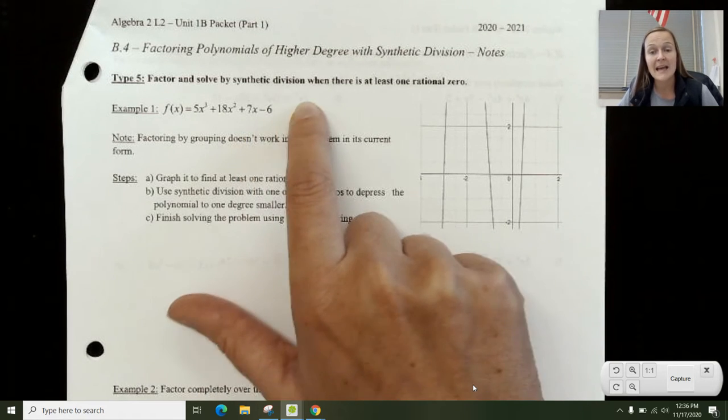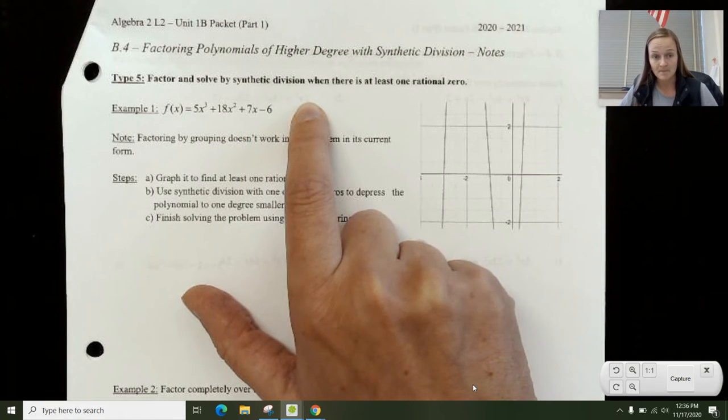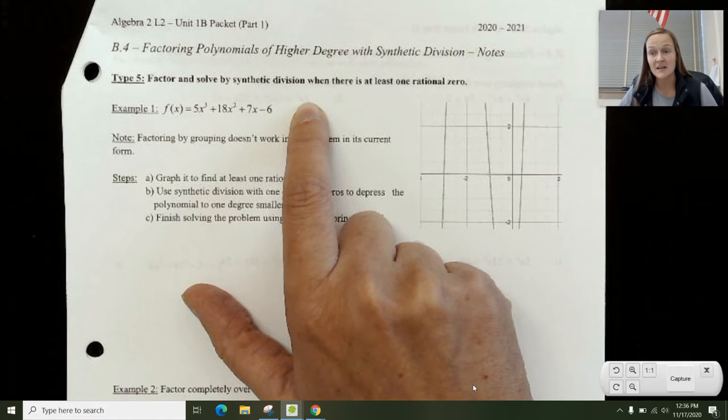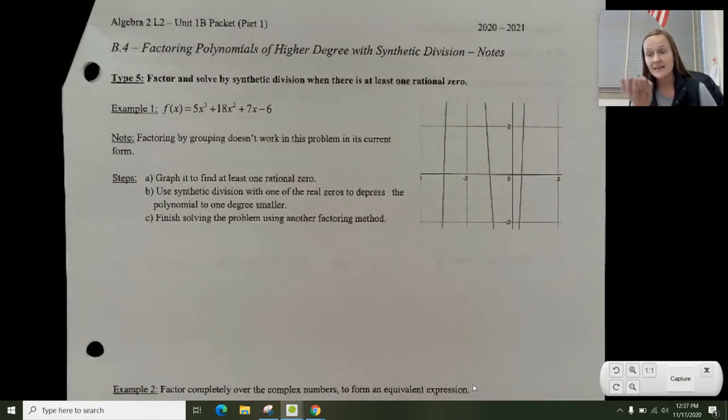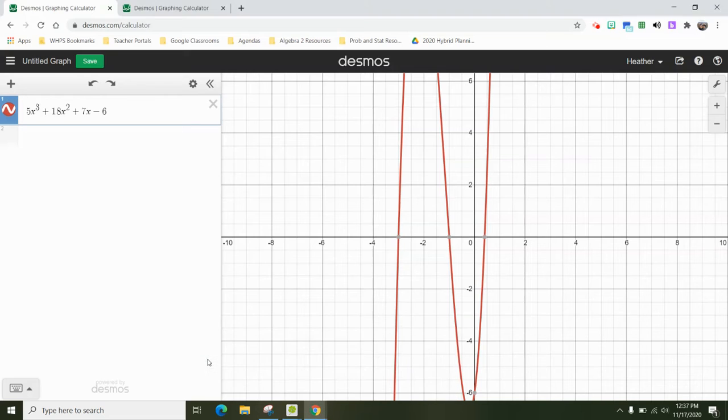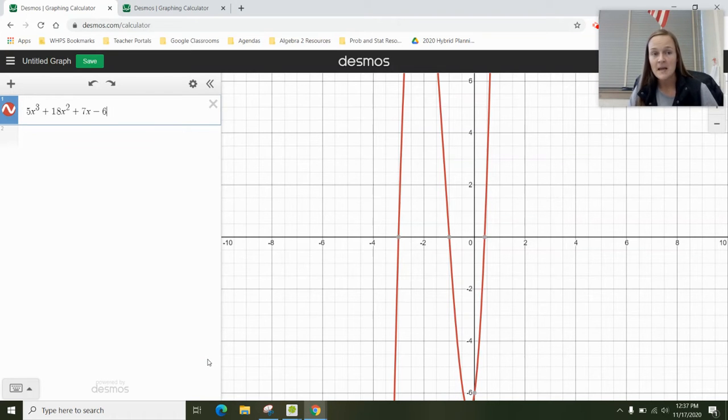So when you cannot factor by grouping, you need to use division to factor out or to take out one of the factors and then factor what's left. So I've already prepared this on Desmos to show you what this looks like on a graph. Now, in normal times, we'd all have graphing calculators in front of us, and we would plug this into the graphing calculator and find the zeros.